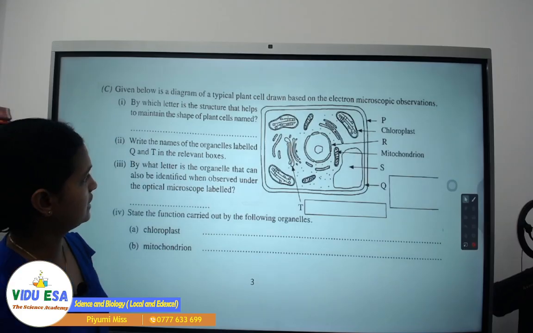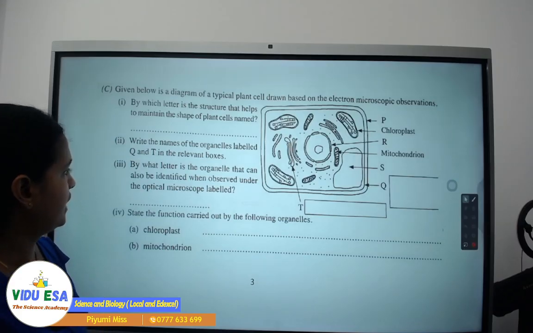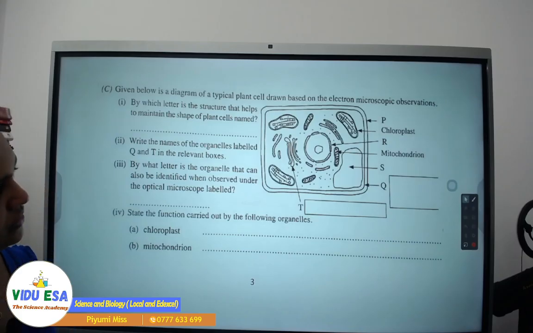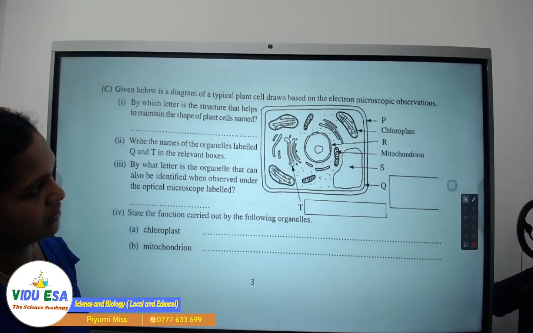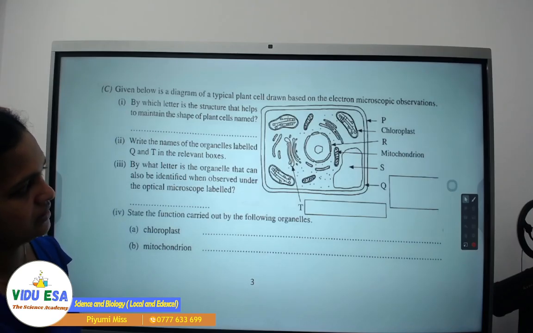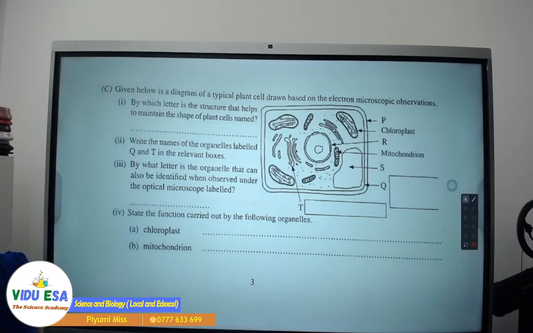By what letter is the organelle that can also be identified when observed under the optical microscope labeled? So what are the organelles that can be observed even under the optical microscope? We know chloroplast, mitochondrion are not visible under the compound microscope, even the Golgi complex. But we can see the nucleus and also the central vacuole.